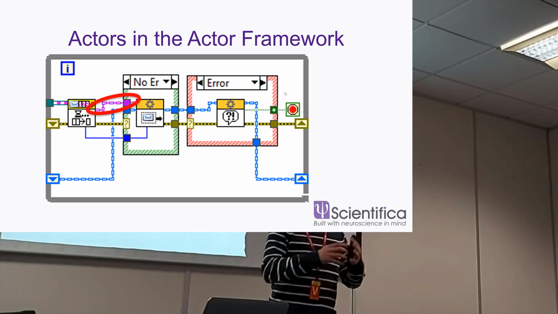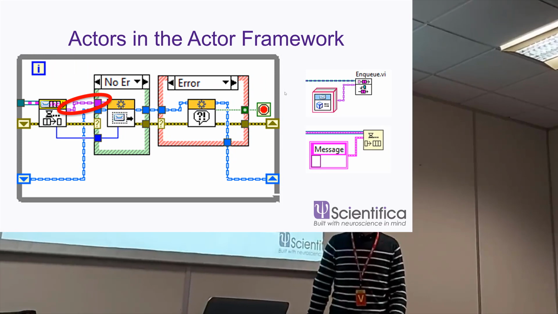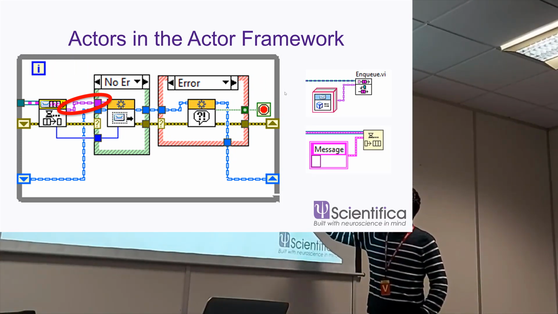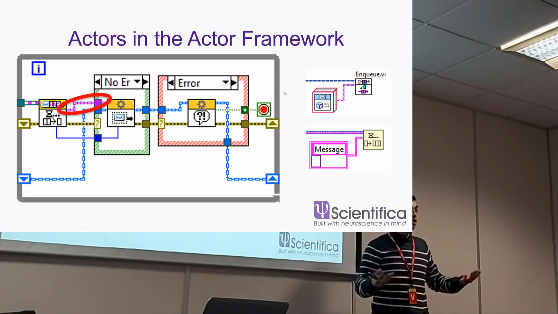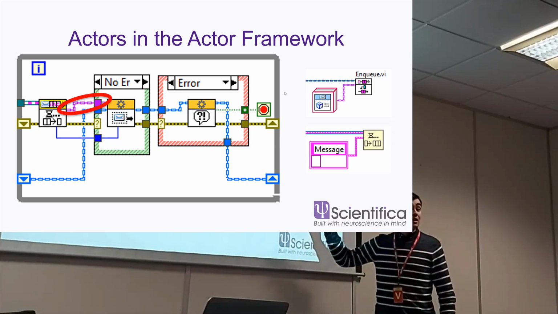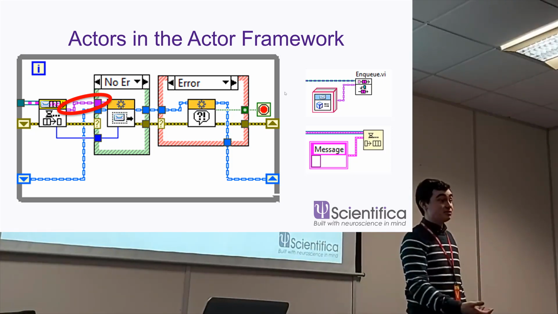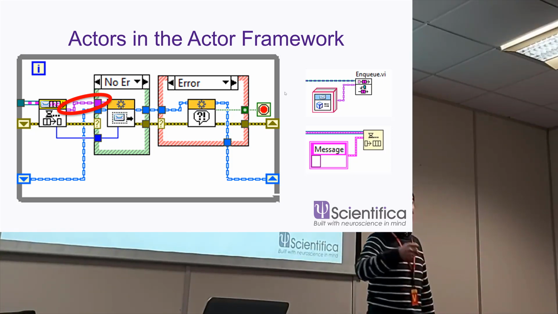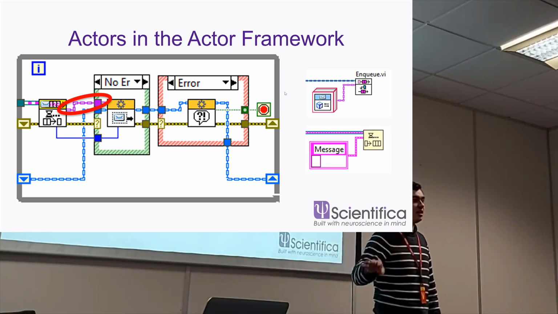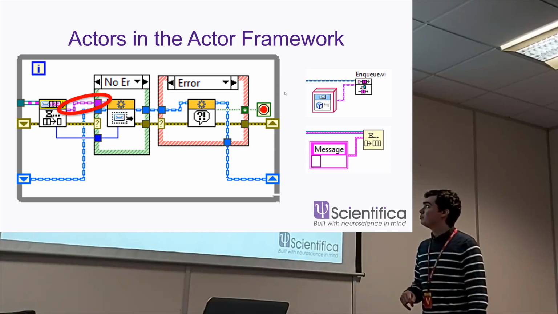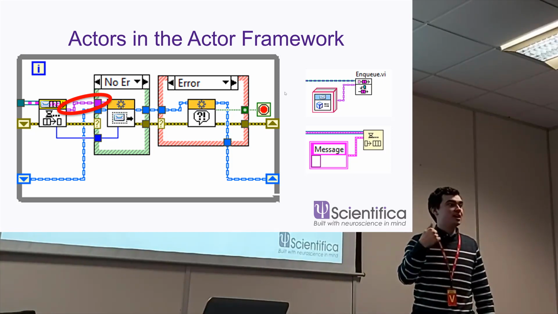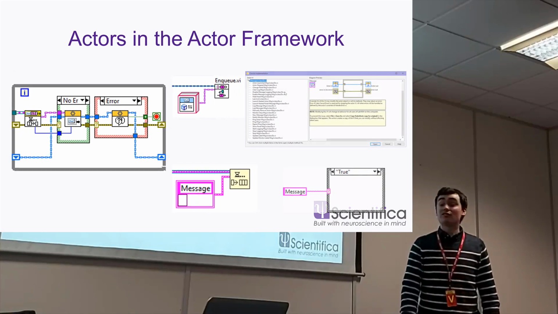We can just encapsulate that into this object. So instead of using a string and variant for a QMH message, we can send an object. And so for every message in the actor framework, we actually have to create a brand new class. Well, that's all scripted for you, so we don't need to worry about the hard work there. Because a class has a name and it has all of the data required to execute that functionality.